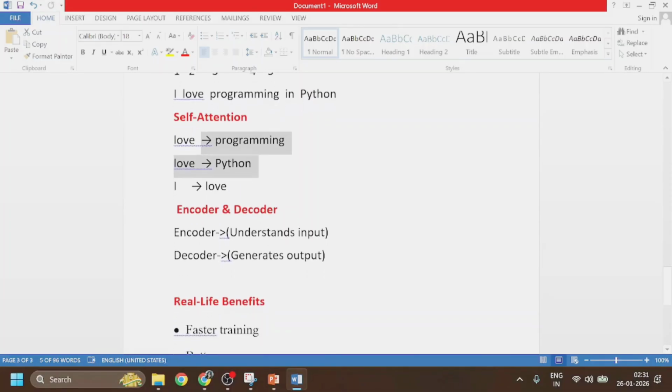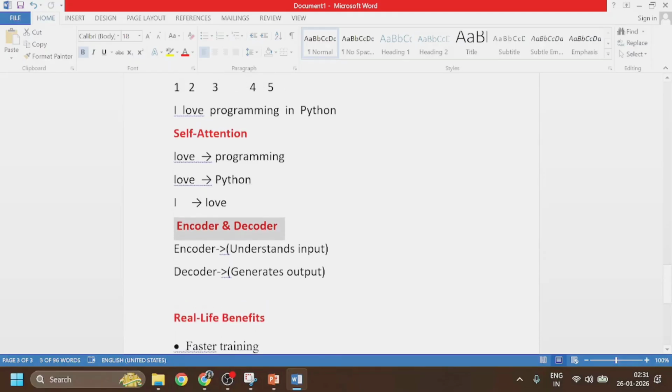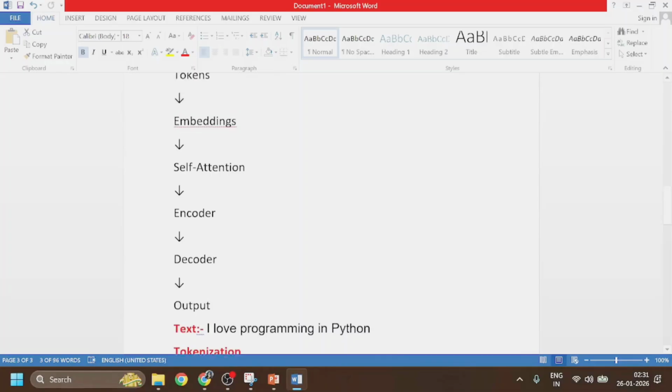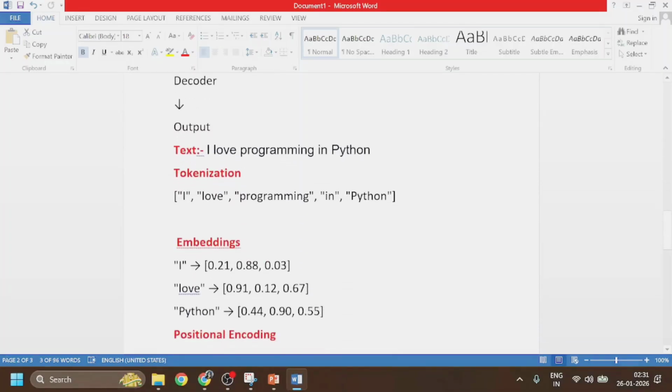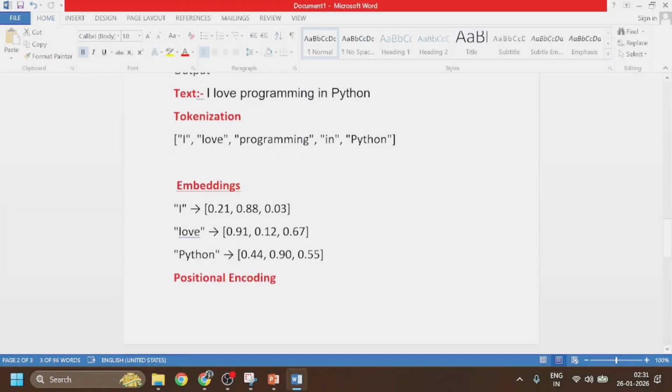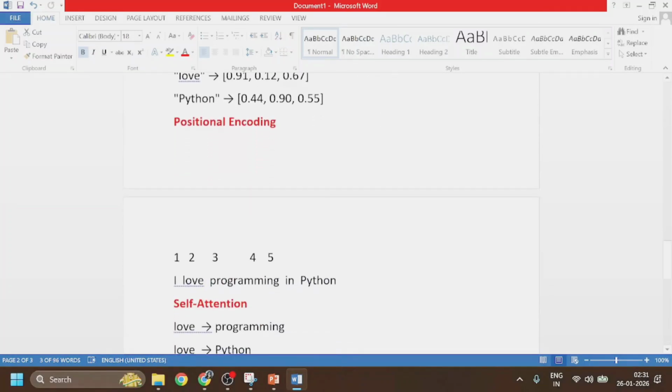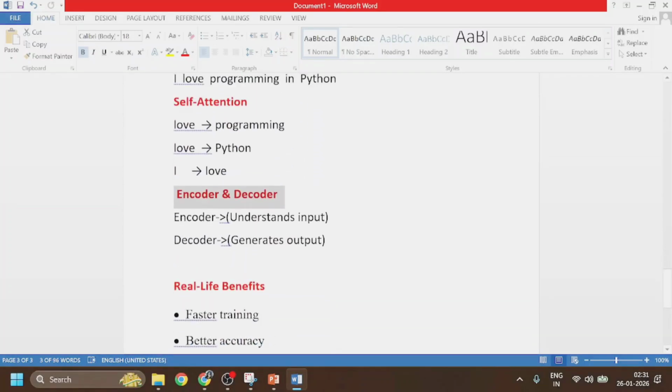Now we move to the encoder and decoder. After self attention we move to the encoder and decoder. I already showed you the diagram, but I'm just going to explain again. The encoder understands the input and the decoder generates the output.